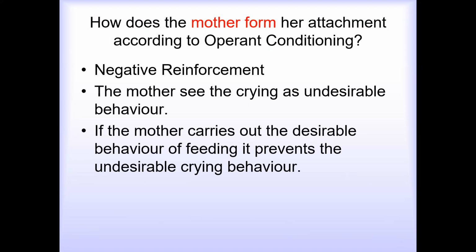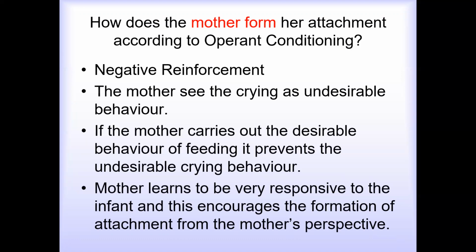Because mothers will say, oh, you know, Giles is due for a feed now. Let me get it ready. So they're ready to feed the child, then that will prevent the undesirable behavior of crying from happening. So the mother learns to be very responsive to the infant, and this encourages the formation of attachment from the mother's perspective.